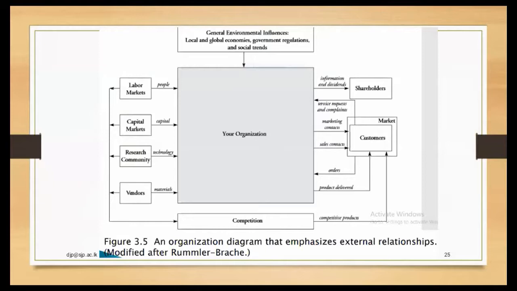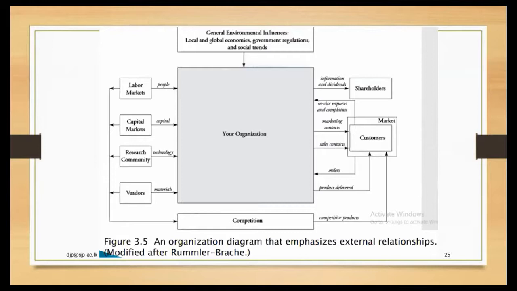On the top you see the general environmental influences: local and global economies, government regulations and social trends. You have pretty much more than that. You say PESTEL: political, economic, social, environmental, legal and so on and so forth. There are so many external influences on the organization.